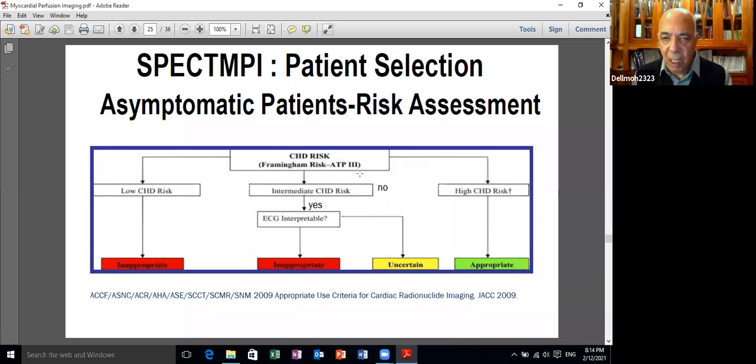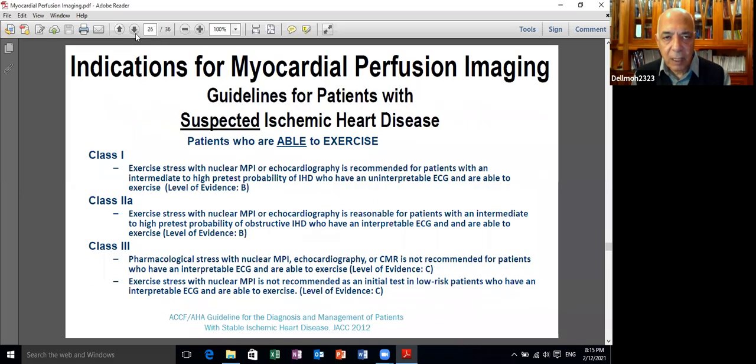If they are high risk, more than 20 by the Framingham score or more than 7.5 by the pooled cohort equation, then he is appropriate for asymptomatic. But for examination reasons and also for practice, we don't allow asymptomatic patients to undergo radiation exposure, even if they are high-risk individuals. And as you see in the other categories, they are inappropriate for radionuclide imaging.